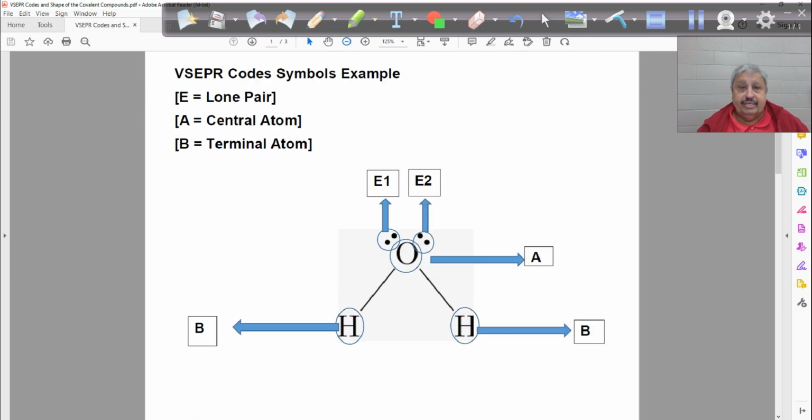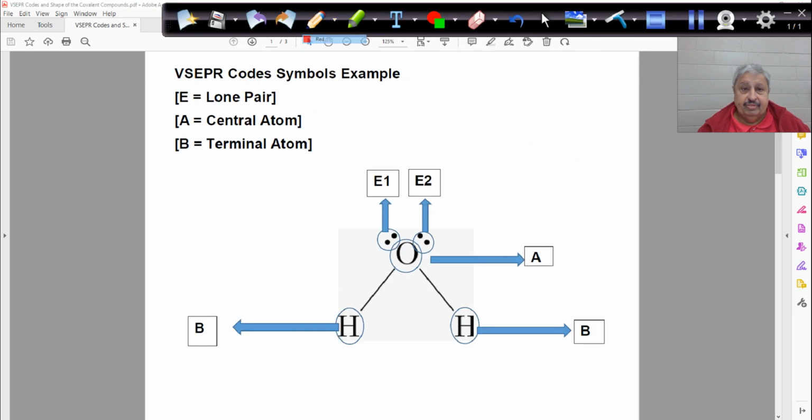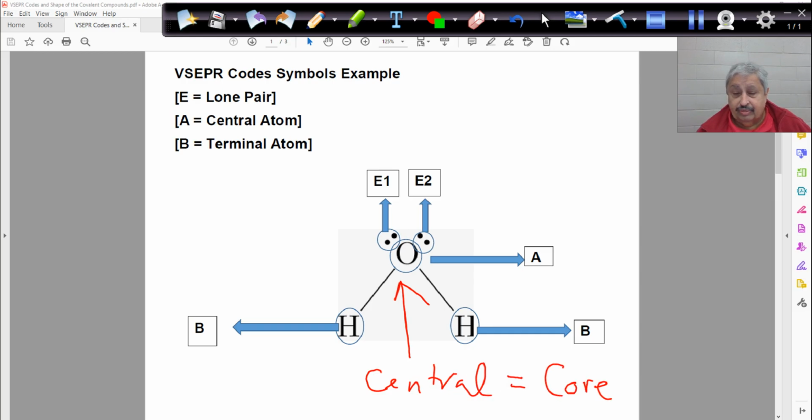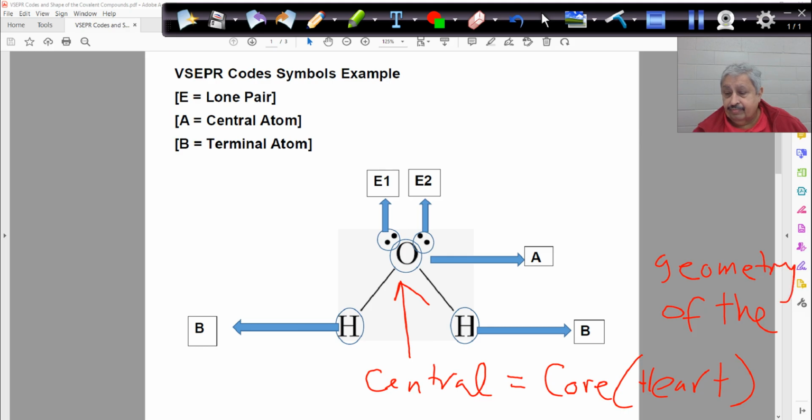So we will designate the central atom, which is the core or the heart of the molecule and of the geometry of the molecule.